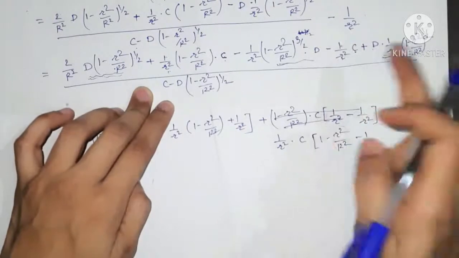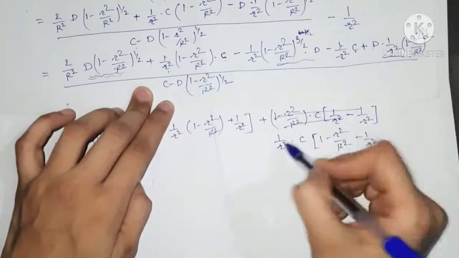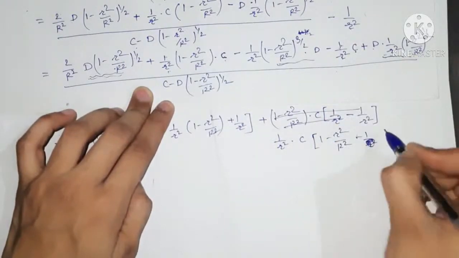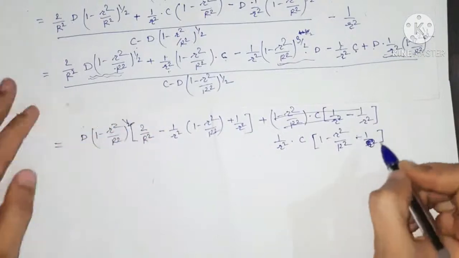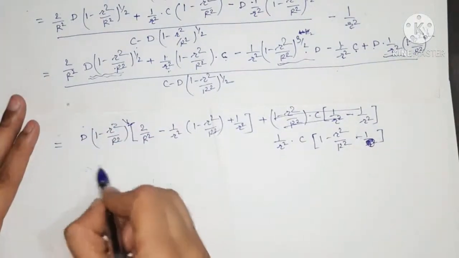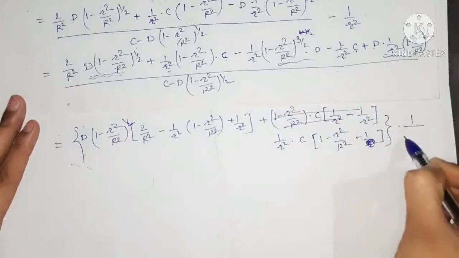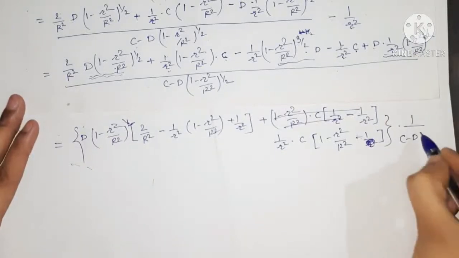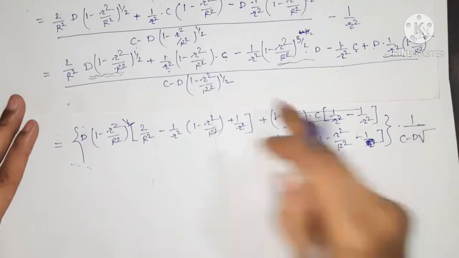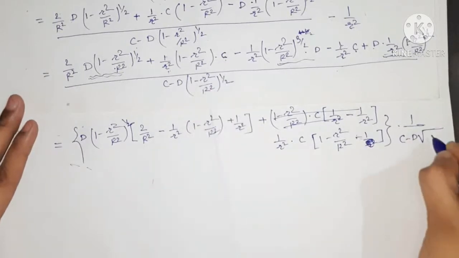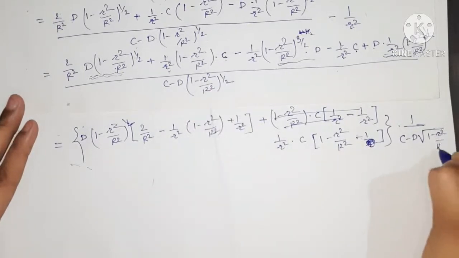Since minus 1 upon r square, 1 upon r square is taking common, so it is remaining with minus 1, bracket closed. Okay, divided by, this whole term is divided by 1 upon (c minus d) under root of, that is to the power half means under root of 1 minus r square upon capital R square.